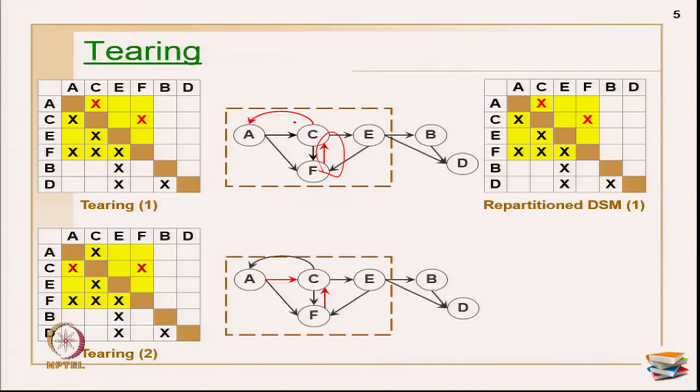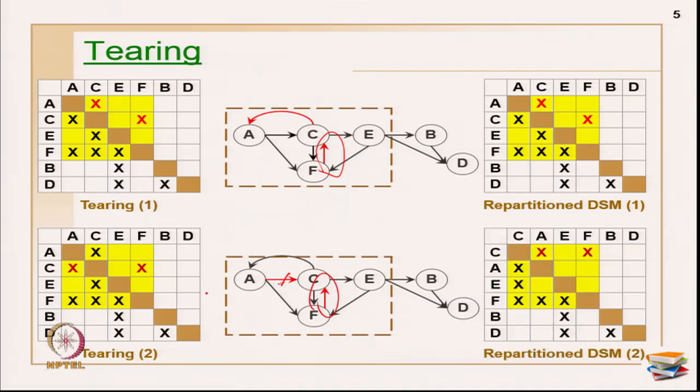Suppose I change the set of feedback marks and choose this, but this is still the same because three cycles are already gone. So, I am going to choose this as my set of feedback marks. Then in that case, in my repartitioning DSM, the sequence within the block changes to CAEF. Okay. So, this is what you have to do with the help of repartitioning.